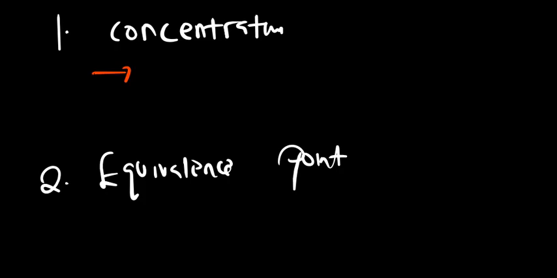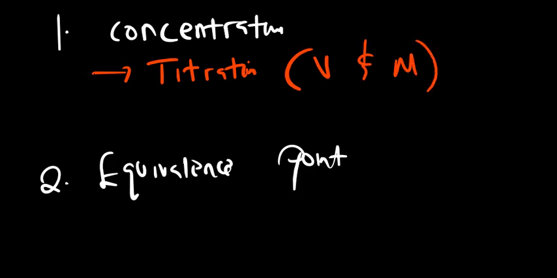So you can only find that using the volume that has been used up in the reaction, using the volume and the concentration of the titrant. Basically that's how you're going to find the calculation. So we're going to do calculations on titration in subsequent videos that are going to follow.